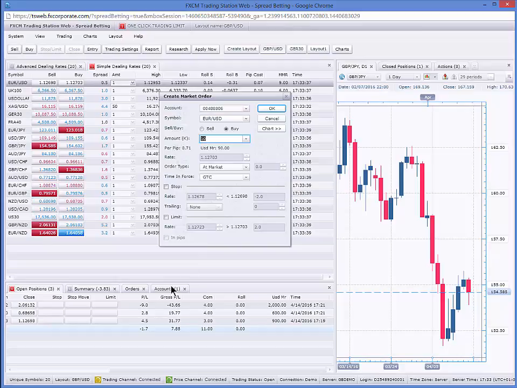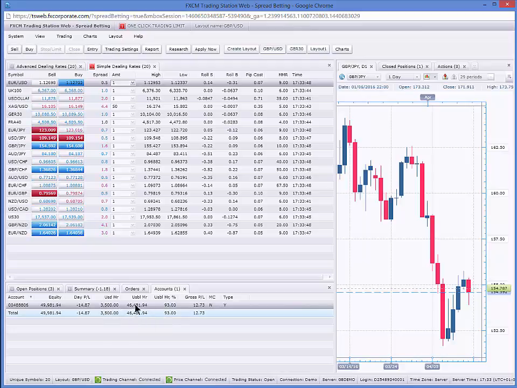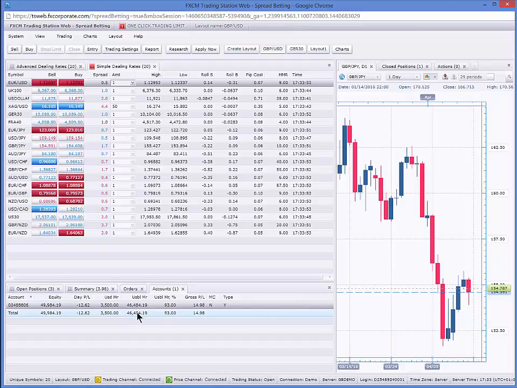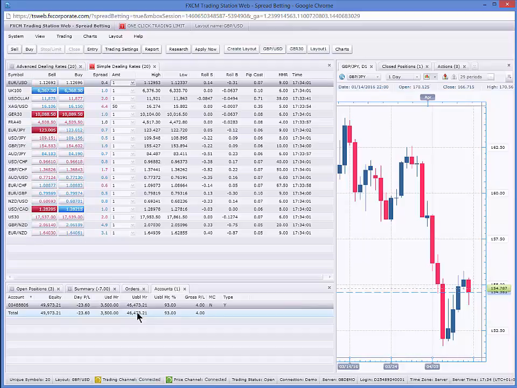So when we look at the account button with those positions on, let's just cancel this for now. We can get an idea about what our used margin is there and our usable margin there. So it gives us an idea about what we've got left to play around with. And of course, as that area gets down towards zero, then your broker is going to start contacting you about margin calls, maybe starting to close out those positions that you might have open.